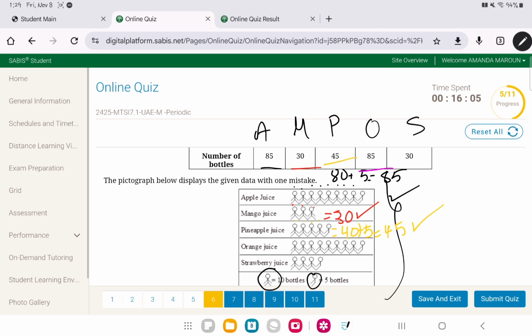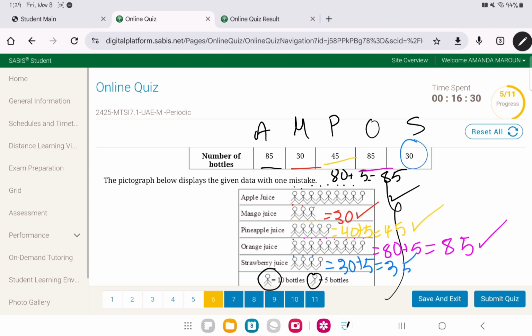Then we go on to orange. Orange is 85. We have 1, 2, 3, 4, 5, 6, 7, 8. So it's 80 plus 5, which is then 85. And now finally, the strawberry, it is 1, 2, 3, 30 plus 5, 35.